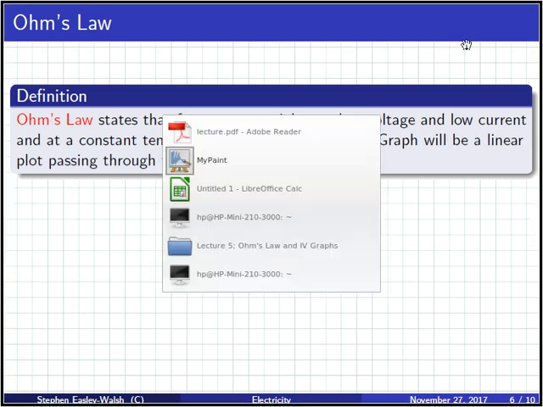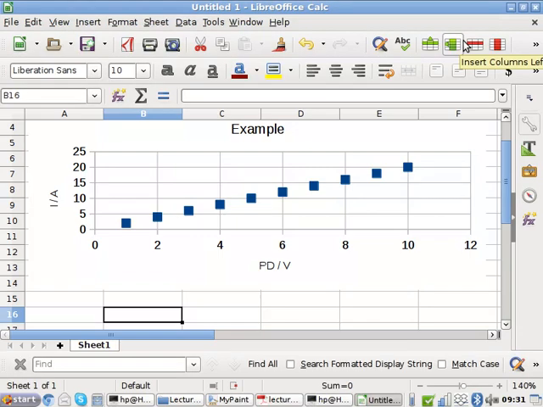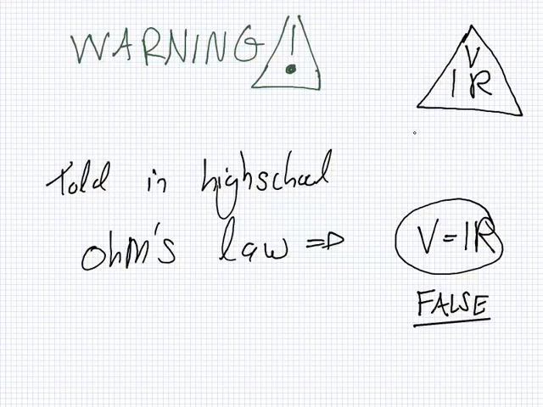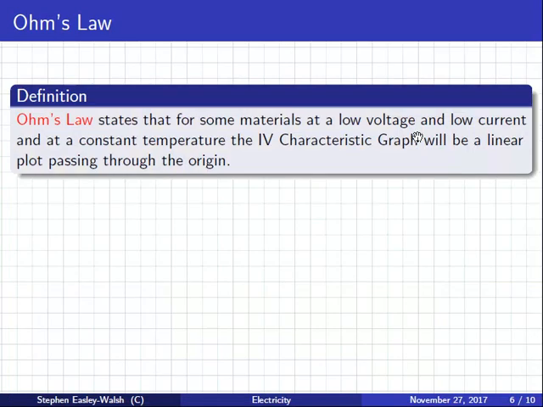So what Ohm said was, for some materials, if the V and the I are small, then this graph will be linear. That's Ohm's law. But it's not even really a law. It's kind of a fake law, and I'll explain why in a moment. But first, I need you to write this down carefully.